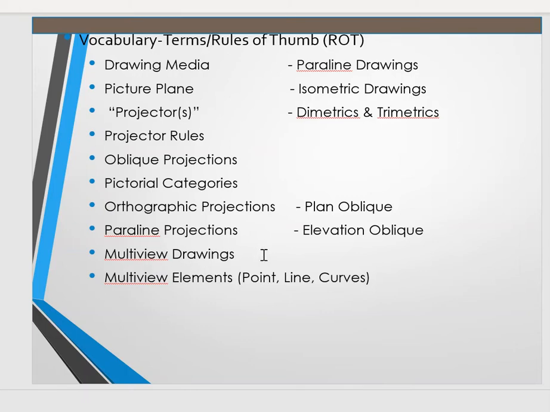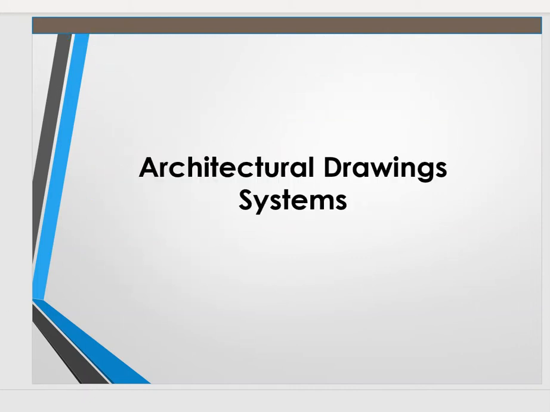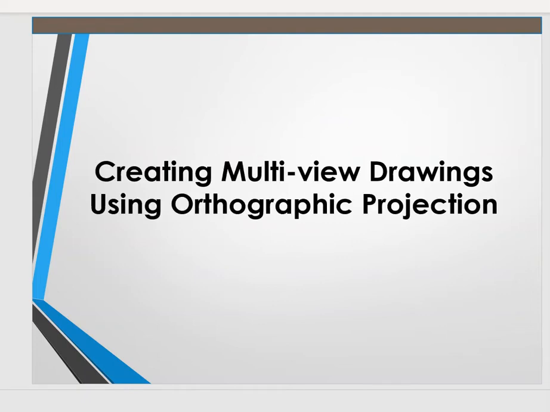This is what we're focusing on and the different types. We'll also talk a little bit about paraline drawings, which include isometrics and oblique drawings. So let's get started. Architectural drawing systems, what they consist of. So creating multi-view drawings using orthographic projection.